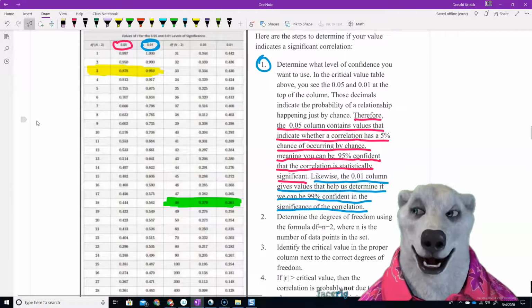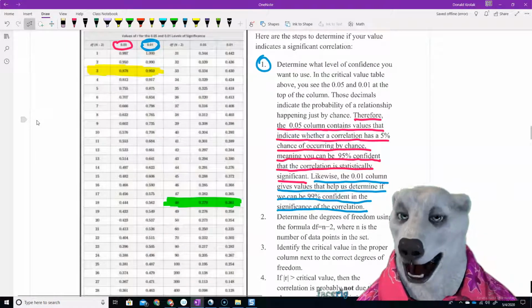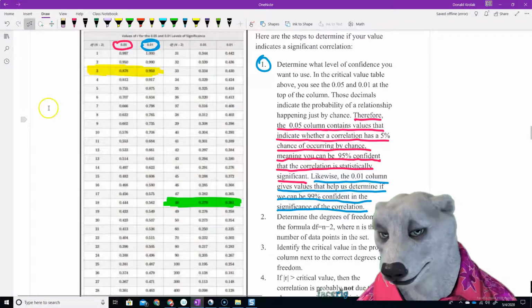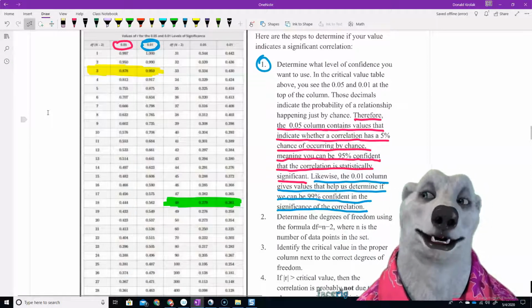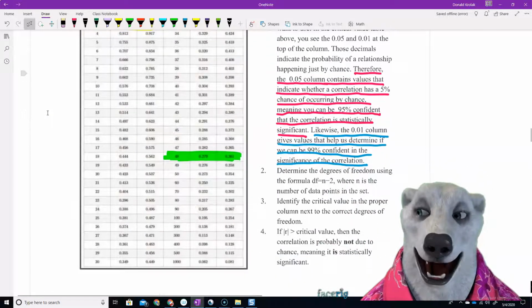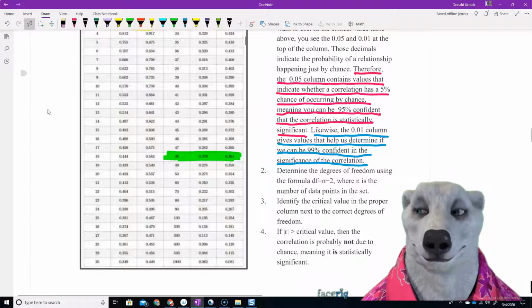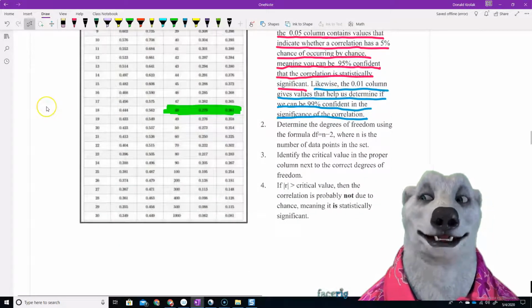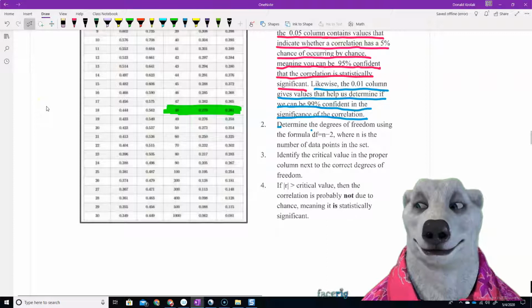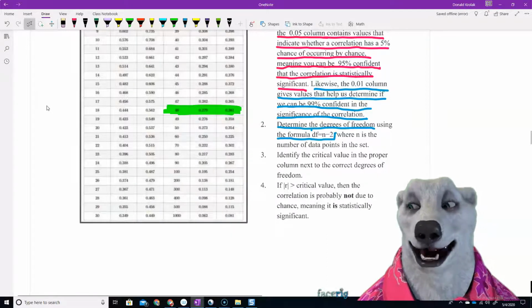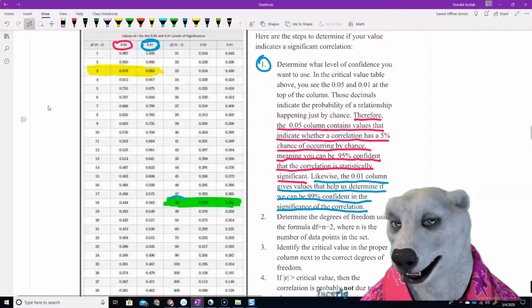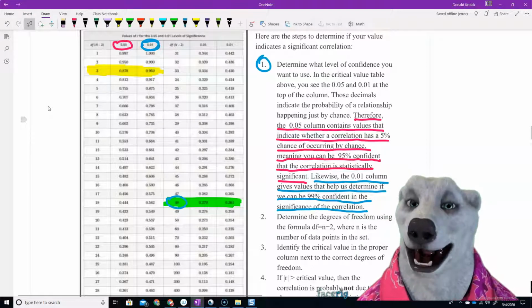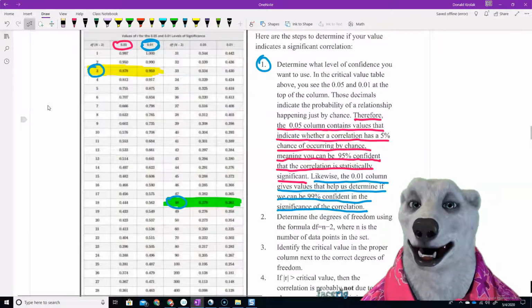You decide which value of confidence you want to have for your particular set of data. You want to be 95% sure, you want to be 99% sure. Now, what you do is find the degrees of freedom, which is the number of data points, take away 2. So that was our 50 take away 2, 48, and our 5 take away 2, 3.